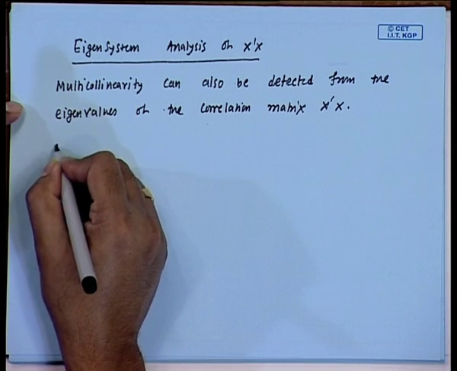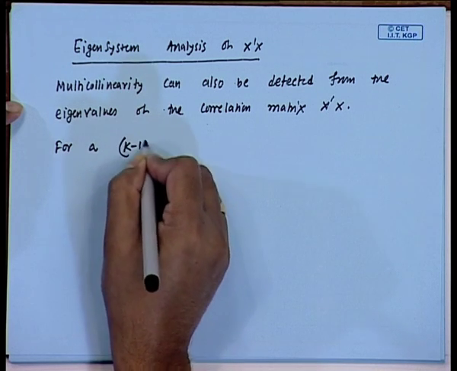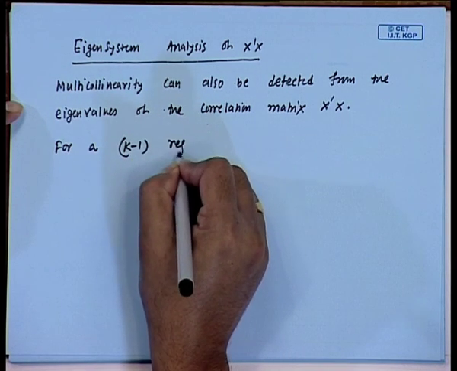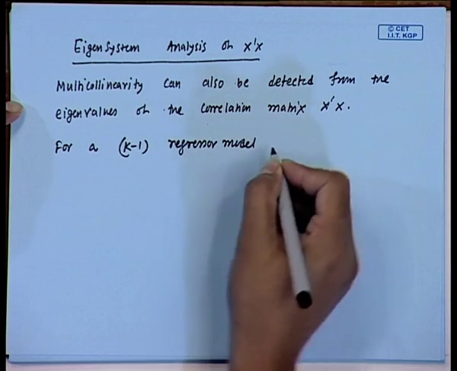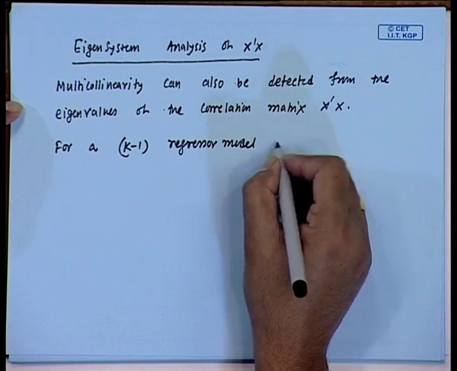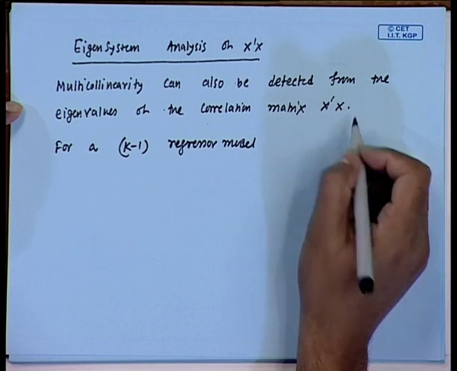So, for a k minus 1 regressor model, this one is a k minus 1 cross k minus 1 matrix.